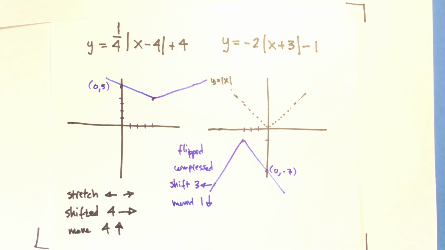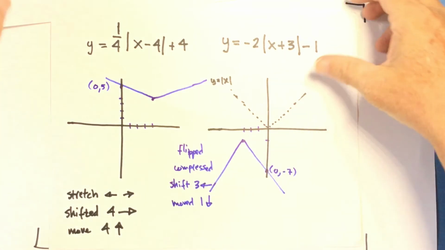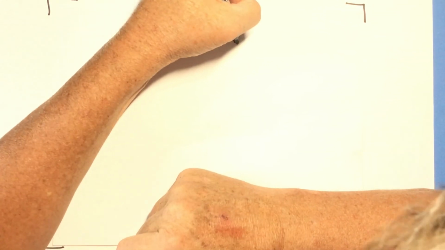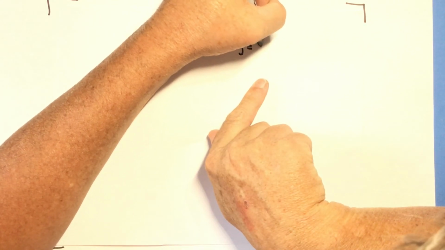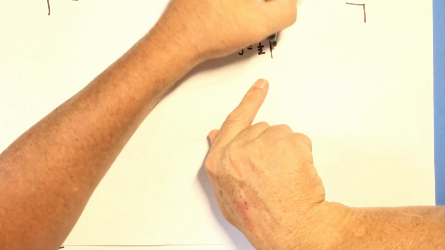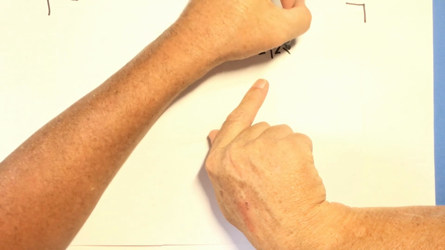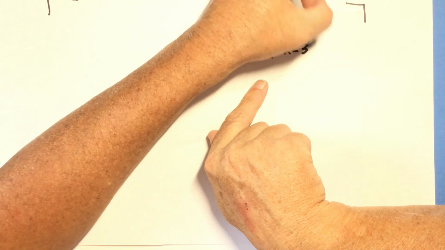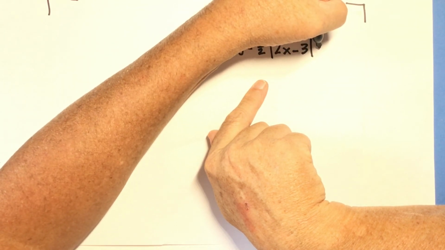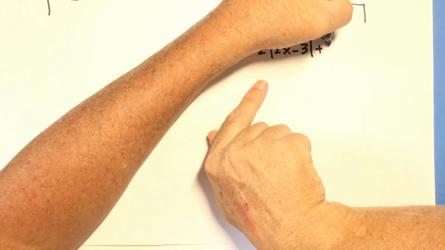Now, I know what you're thinking. You're thinking, wait a second. What if something looks like this? y equals, let's say, 1/2 the absolute value of 2x minus 3, plus 2.